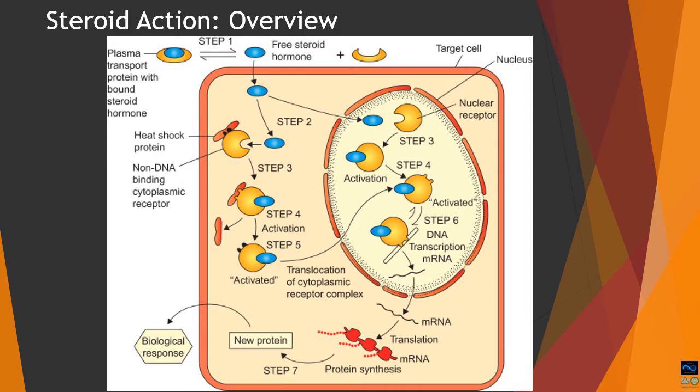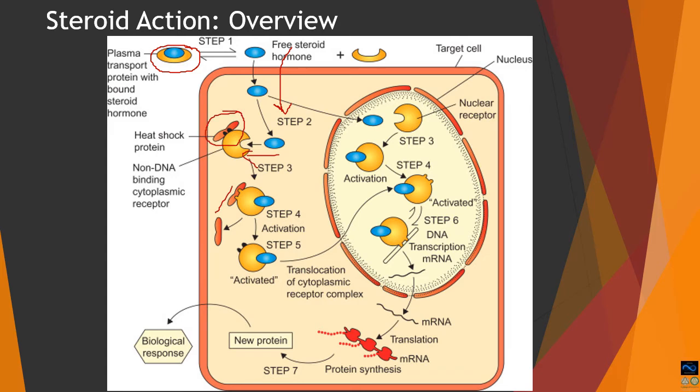So this is the overview of steroid hormone action, how they mediate their action. In step 1, the hormone is secreted and associated with proteins which carry it to a target cell. Then, in step 2, the steroid hormones move inside and bind to the receptor associated with heat shock proteins.